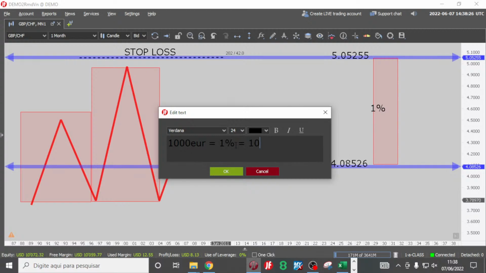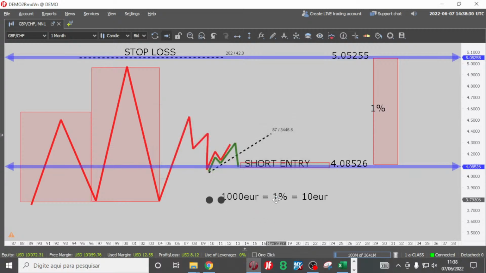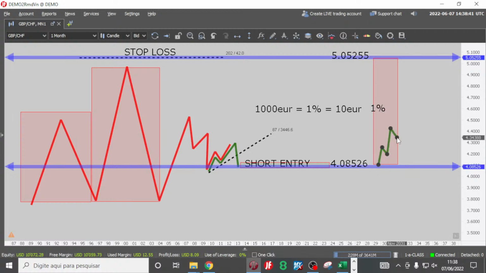So we are risking 10 euros. If we are short entry here, we are shorting the market. If the market goes against us and it breaks the pattern, me and Dancy are going to lose 10 euros or 1%.